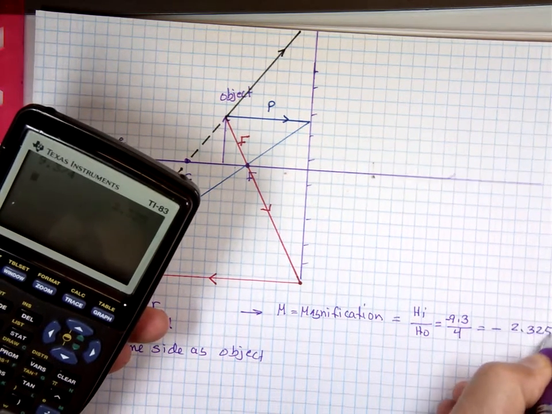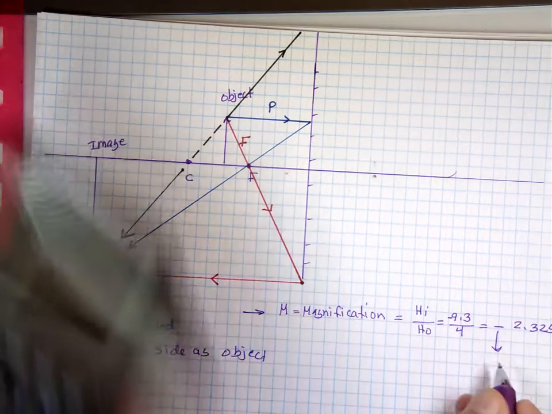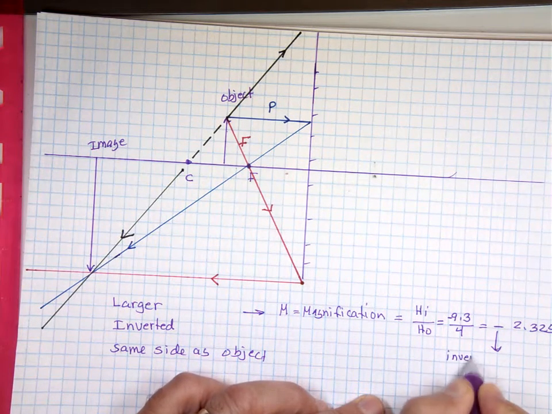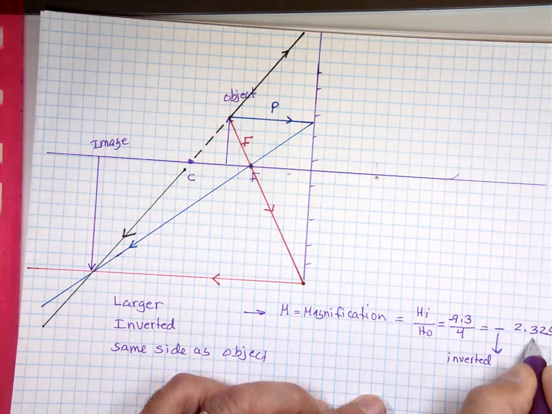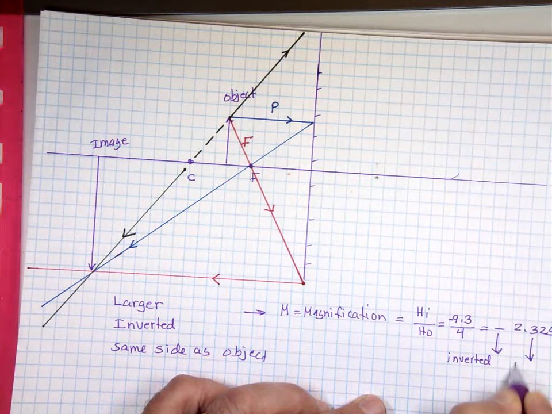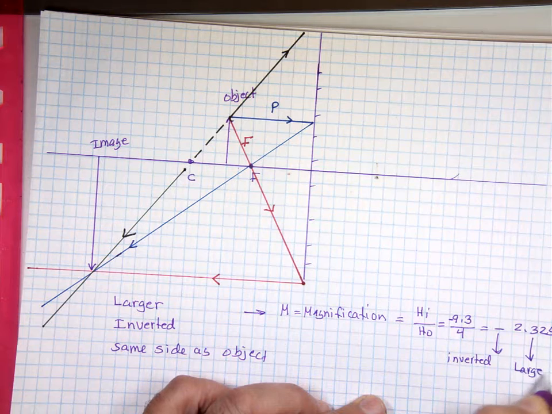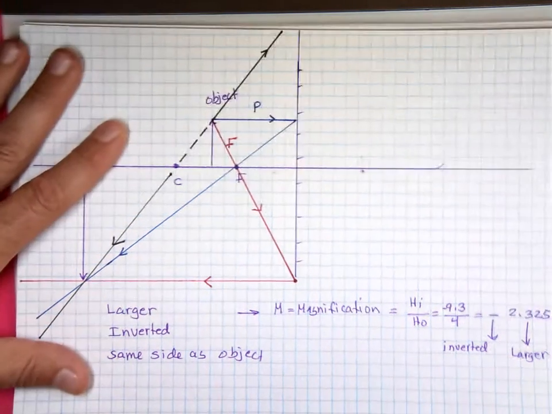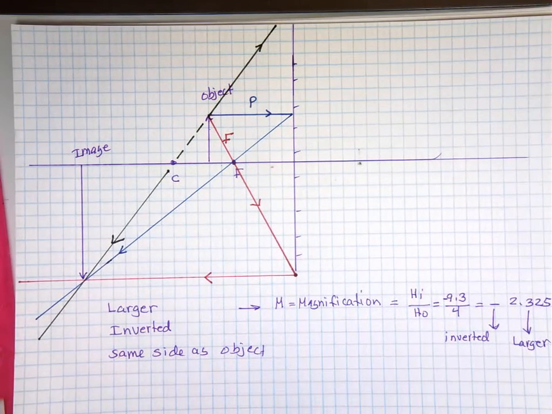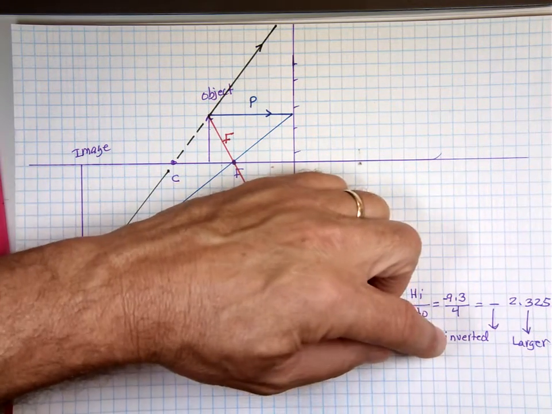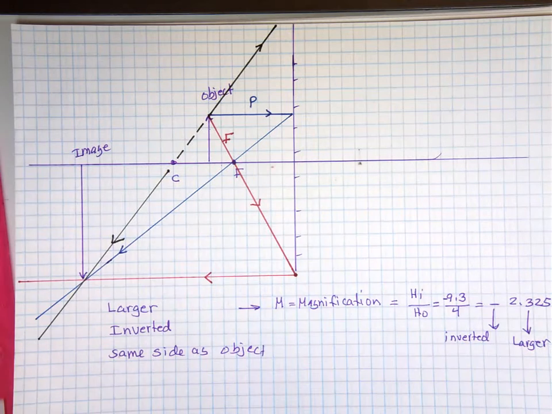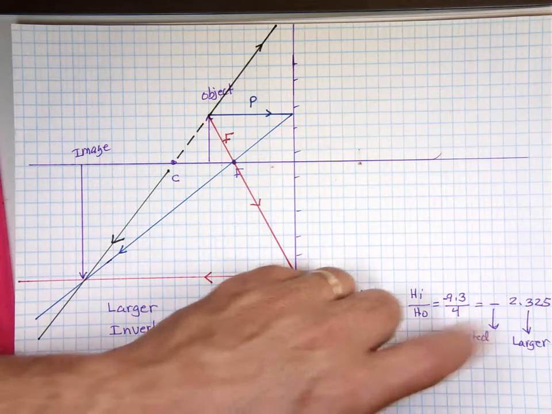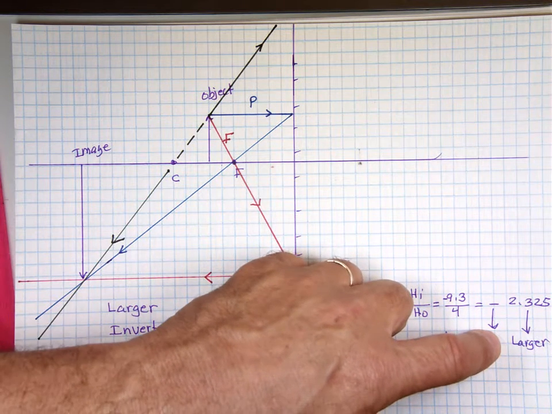The negative again tells me it's inverted, and since this number is more than 1, it means larger. So when we do the math and you get a magnification of negative 4, that means upside down, and it's 4 times larger. If the magnification is minus 0.2, it's upside down, and it's smaller. It's 0.2 of the actual size.